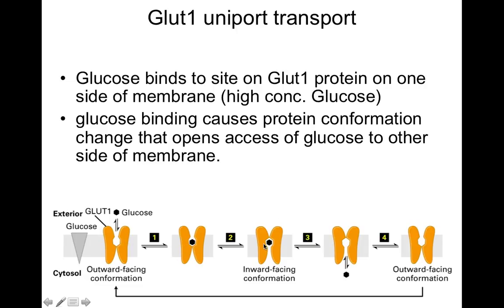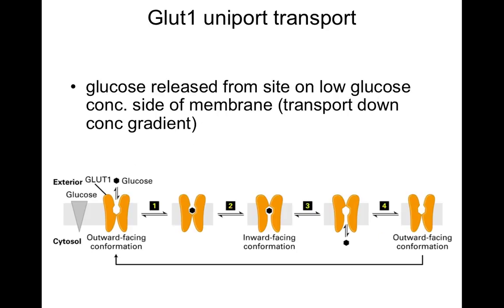You undergo a conformational change. This then allows you to release the glucose inside the cell, and then it goes back to its original conformation. Okay. So that's a uniport system. That's also an example of facilitated transport.